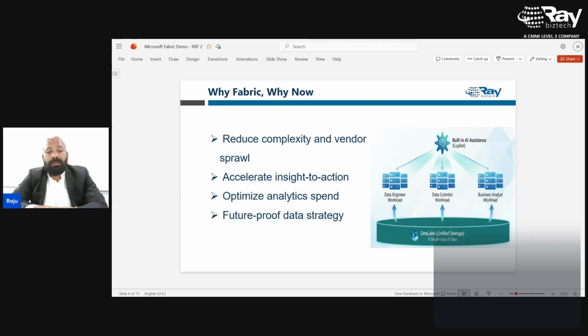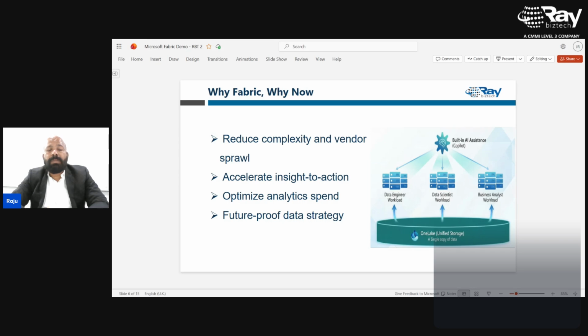So as Fabric is a unified platform for analytics, OneLake will act as a single source of truth, meaning there is no data movement across systems. All it happens is accelerated insight to action, because the data is not moving anywhere.